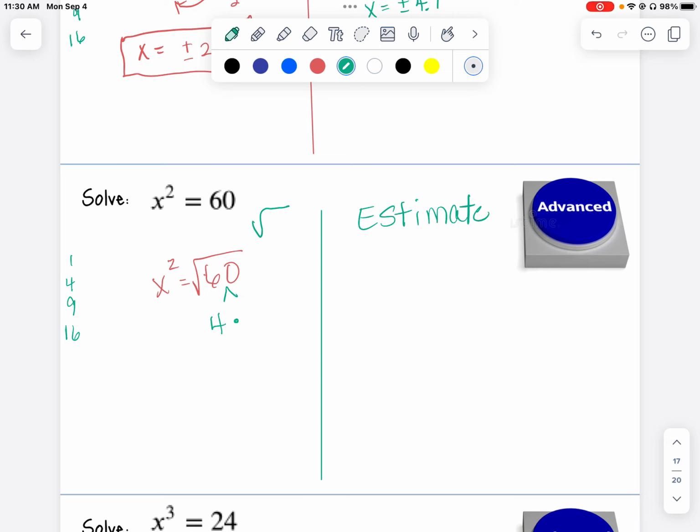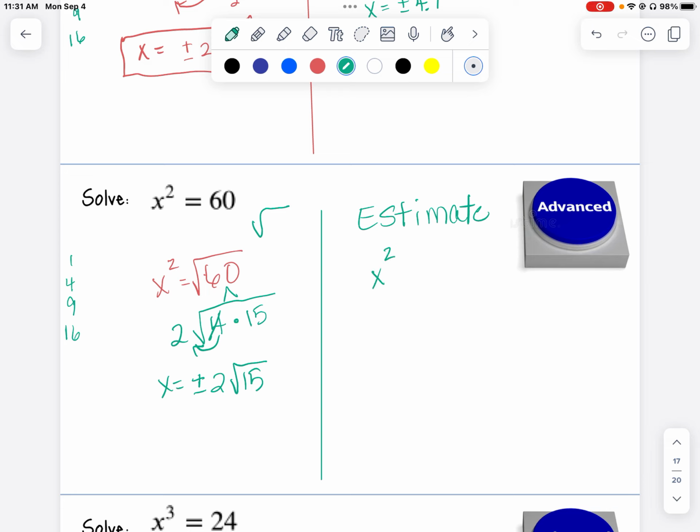I know that 60 is 2 times 30, but that would mean it's 4 times 15. And I'm going to bring out the square root of 4, which is 2. So my simplified radical term is plus or minus 2 radical 15.